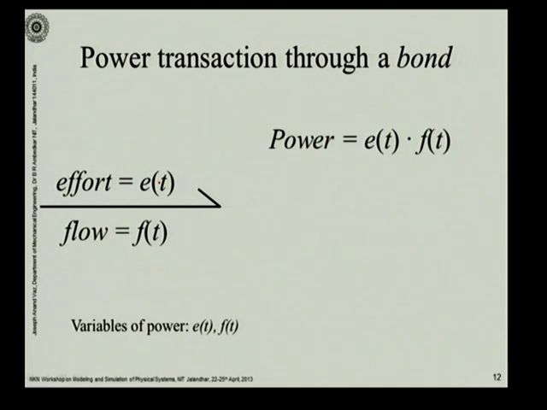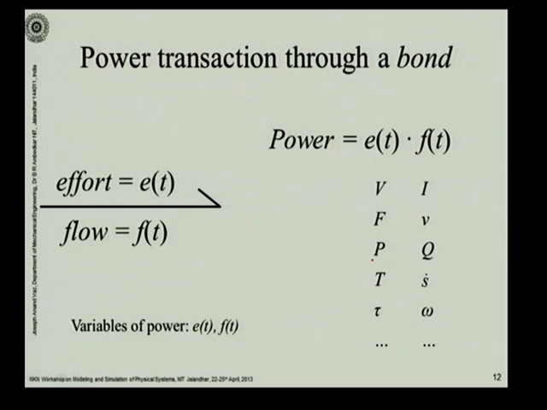In different energy domains, power can have different forms. So the effort and flow variables would be different. So here you have the effort variable, say in the electrical domain. You have the potential difference, which can be taken as effort. You have the flow, which can be taken as current. You have force in the mechanical domain and velocity.